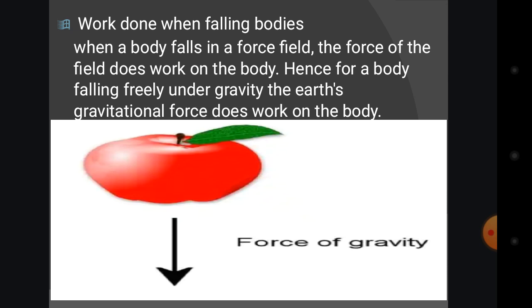So it will come down, because it is not going against the gravitational force. So it is work done when bodies are falling freely, not going against the force of gravity. They are going in the same direction. So this is about work done when falling bodies.